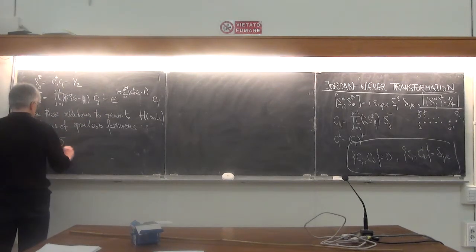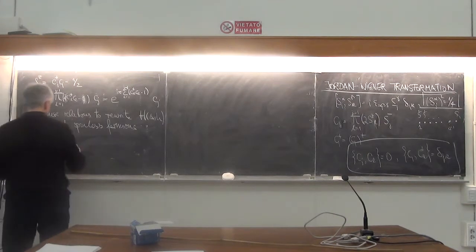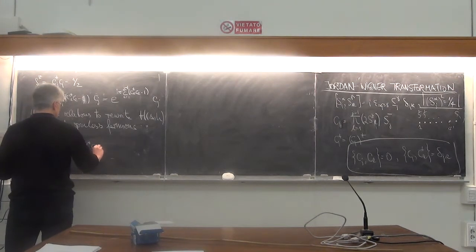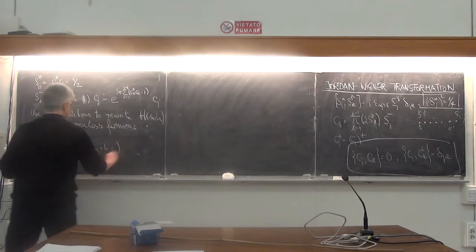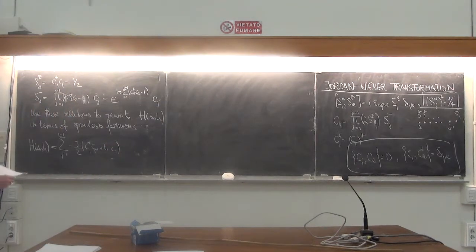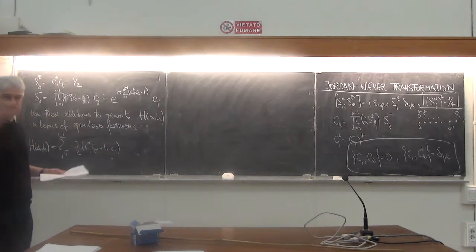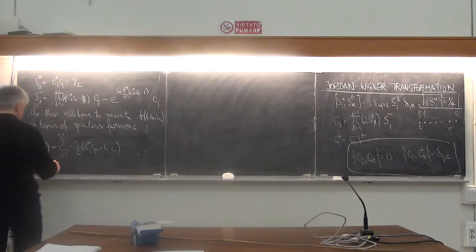So, okay, so J equals 1 to L minus 1. Here I get minus J over 2, C dagger j, C j plus 1 plus conjugate. Okay, so that would be the S plus S minus plus S minus S plus term.